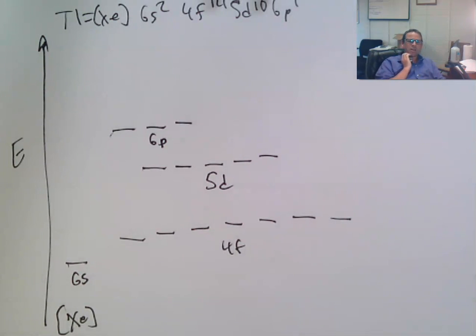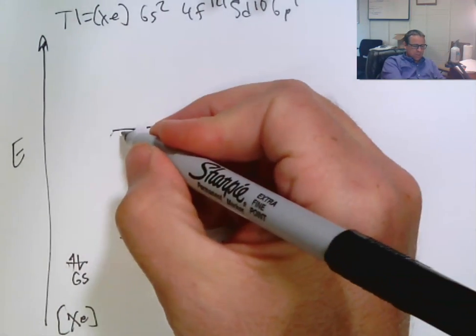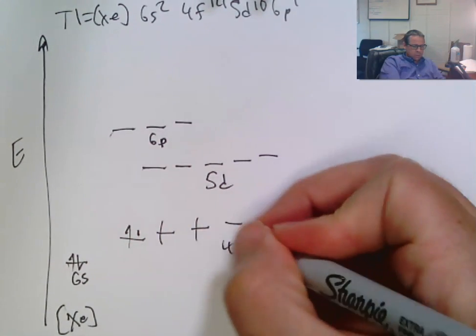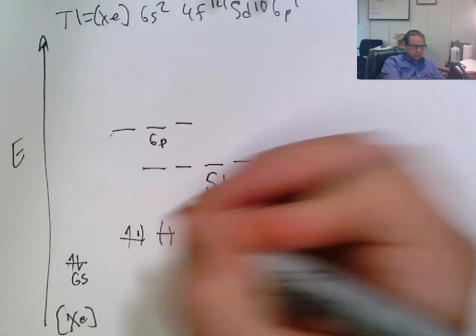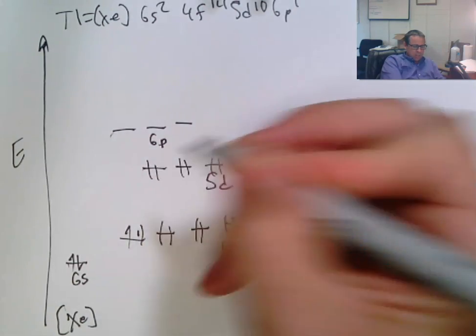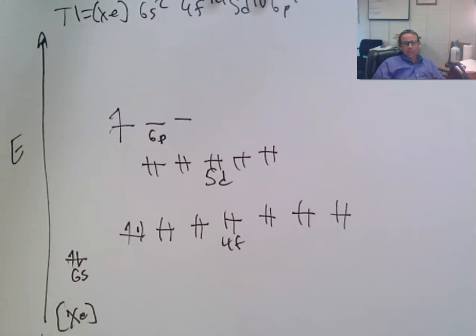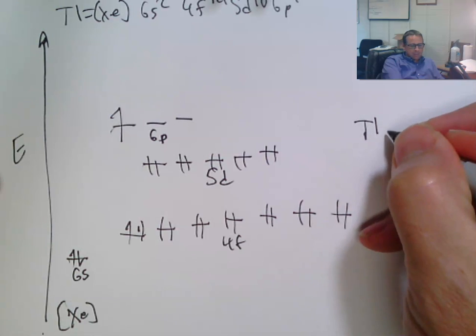Oh, no, that's right. 6s2, 4f14, 5d10, 6p1. Very good. So, there it is. That's our electron configuration. And then we can start thinking, what are some possible ions that thallium might want to form?